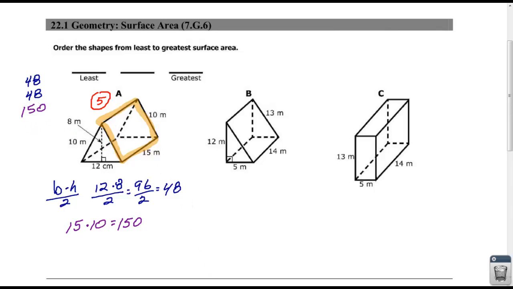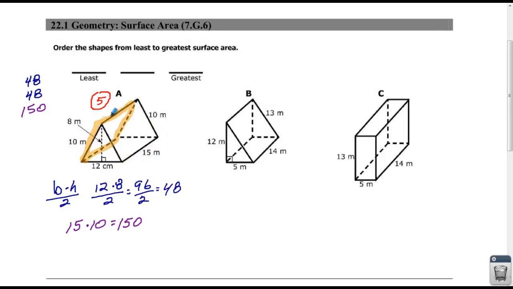The other side on the top, not the bottom, has the same measurements. This side right here is also 15 by 10.